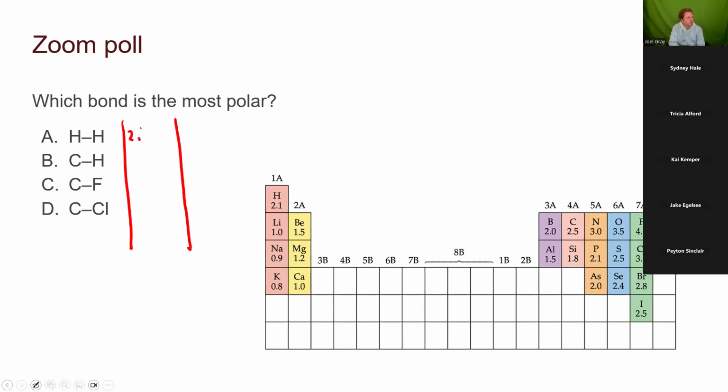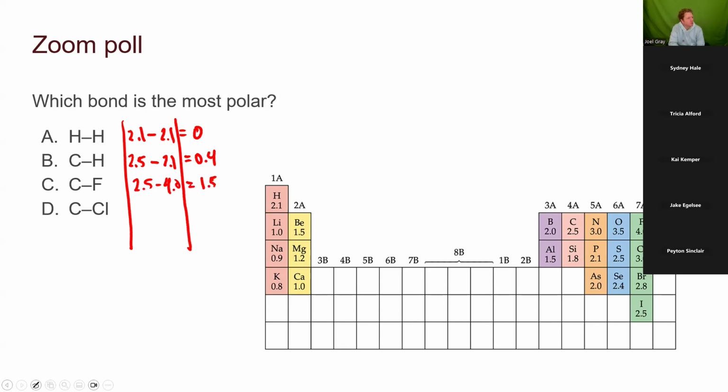So 2.1 minus 2.1, 0. Carbon-hydrogen, 2.5 minus 2.1, 0.4. Carbon-fluorine is 2.5 minus 4.0 equals 1.5.